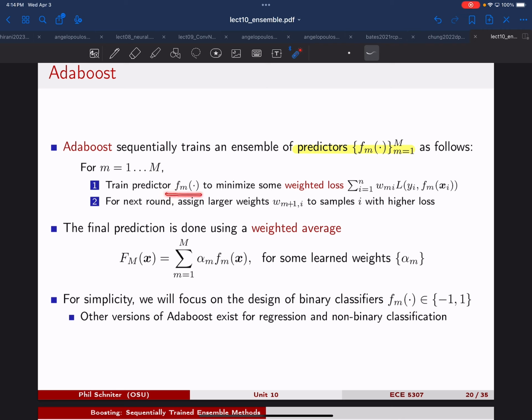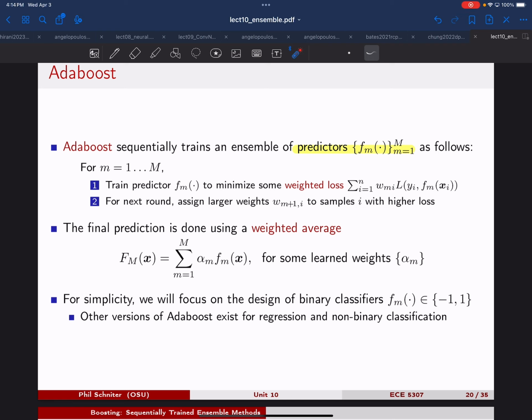Train predictor f_m to minimize some weighted loss. So here you have a loss between the training label and the prediction. And then here you have a weight. Notice that this weight depends on the stage m you're at, as well as the index in your training data. So you train the predictor to minimize this weighted loss.